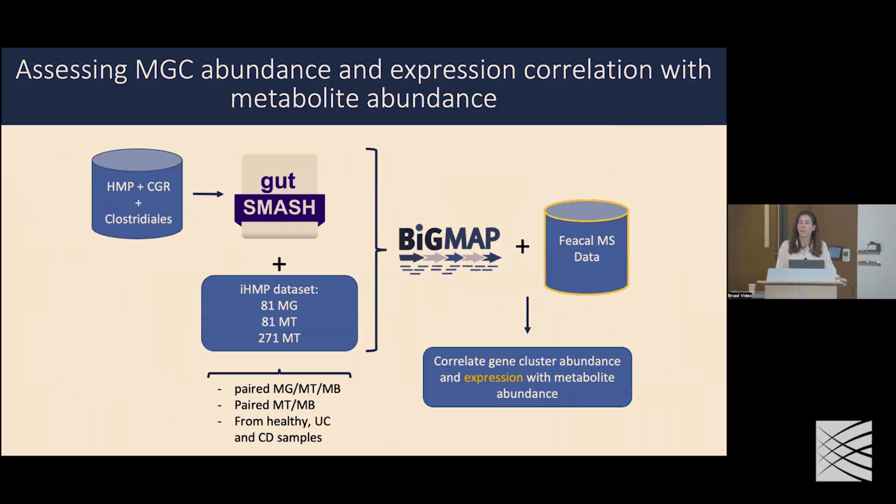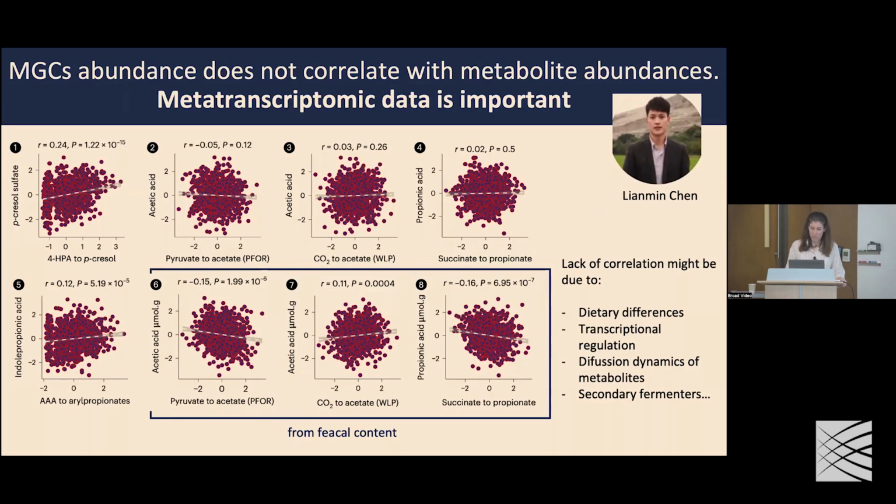Can I ask a question, actually? Yeah. In the previous slide, is it that there's only one pathway that's making the metabolite that you're measuring in the plasma or the fecal sample, or could there be multiple pathways that make that metabolite? And so even when one pathway is not abundant, maybe the other pathway is, and that's why you see the metabolite even when the pathway is lowly abundant, and therefore you just will never get a correlation?